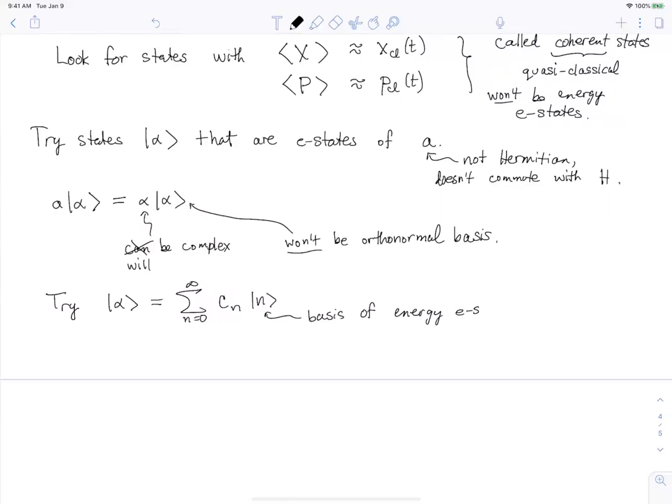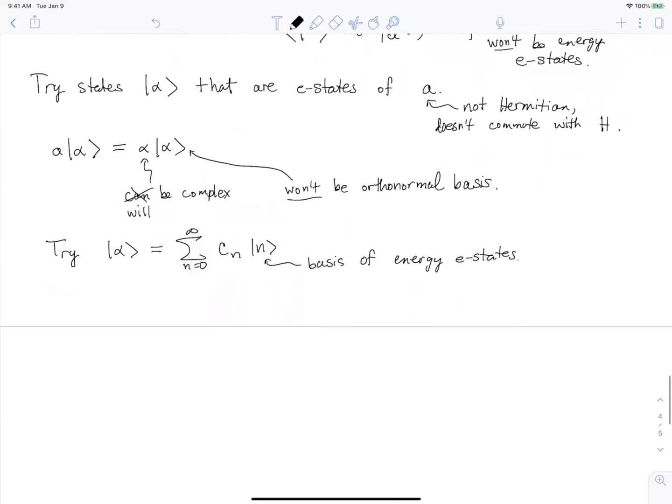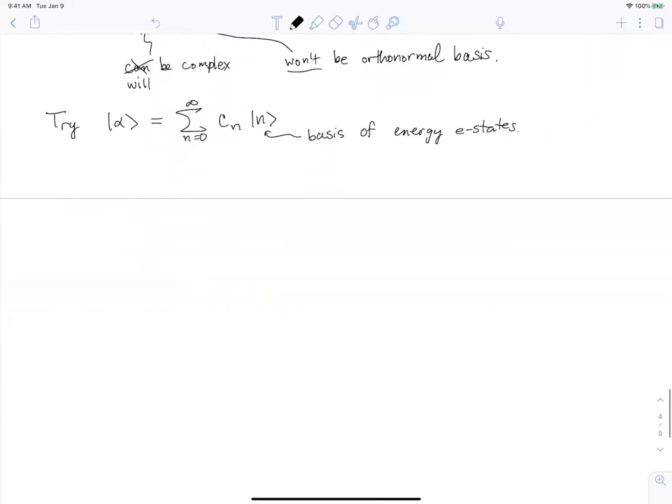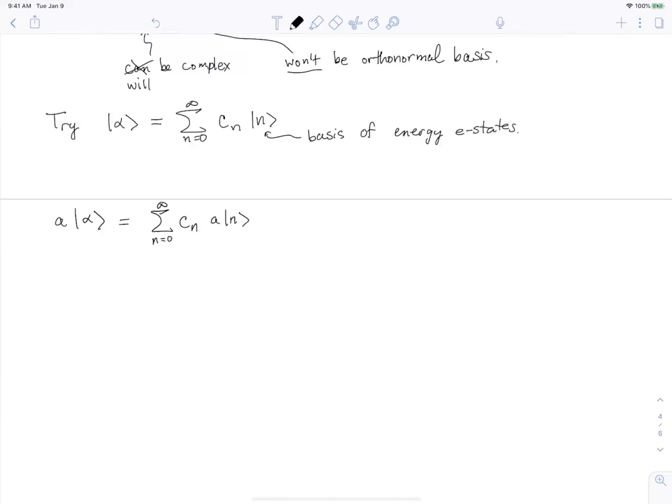Because the energy eigenstates are a basis, we know for sure that we can write it this way. And now we're going to write down the eigenvalue problem. A acting on alpha is equal to the sum n equals 0 to infinity. Of course, these C sub n's are just numbers, so this is A acting on n. But we know how A acts on n. We worked that out before. So this is C sub n times square root of n times the state n minus 1.